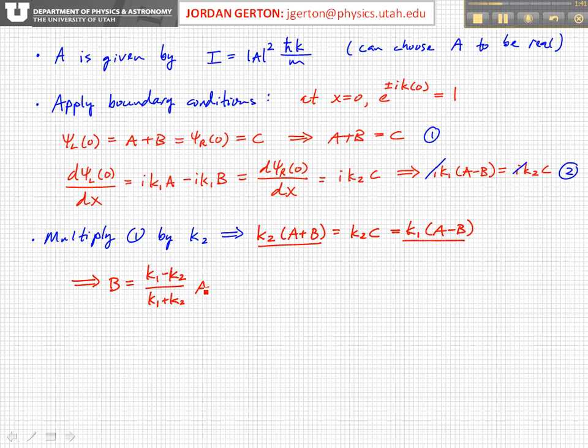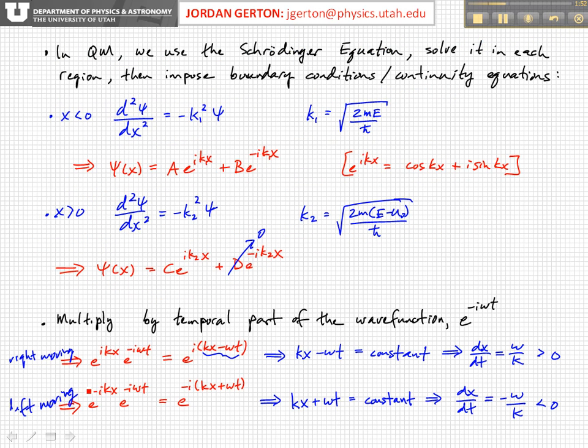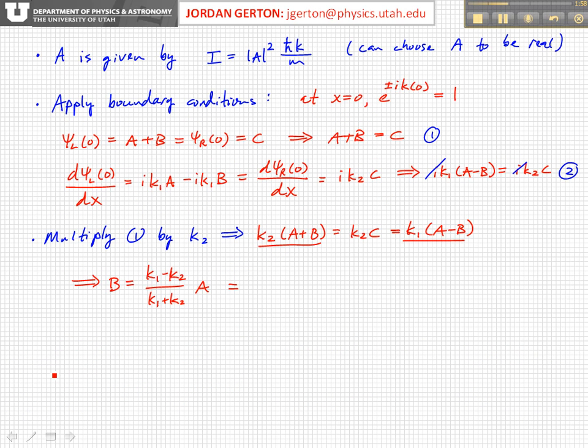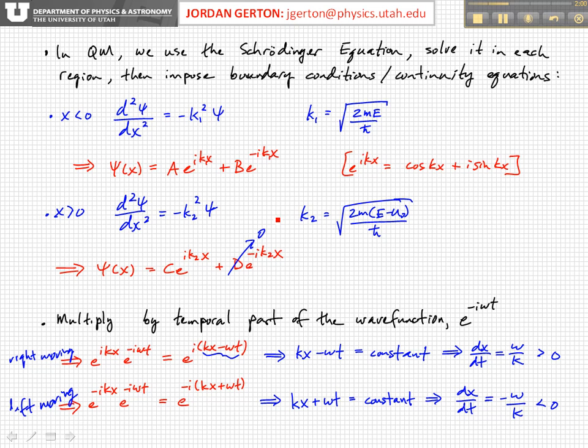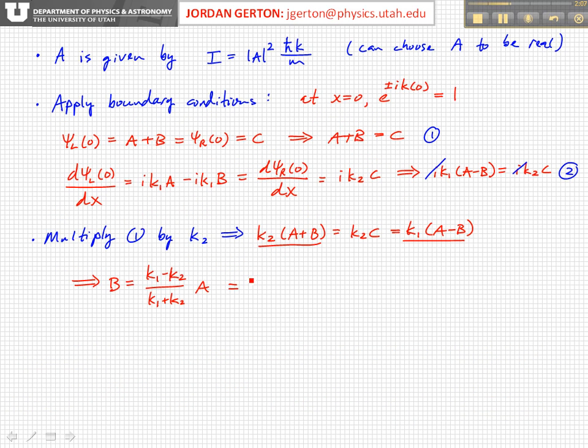Then if we write this in terms of the energies, K1, if you remember, is equal to the square root of 2mE over h bar. All of the k's are going to have 2m over h bar in common, so we can factor that out and cancel it.